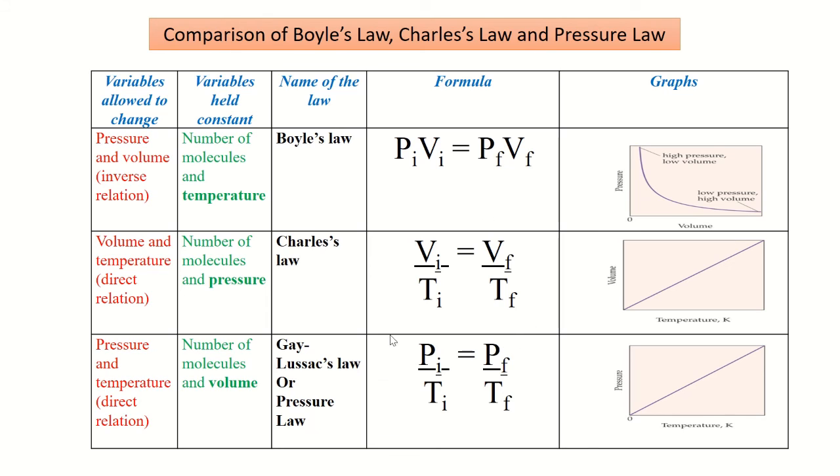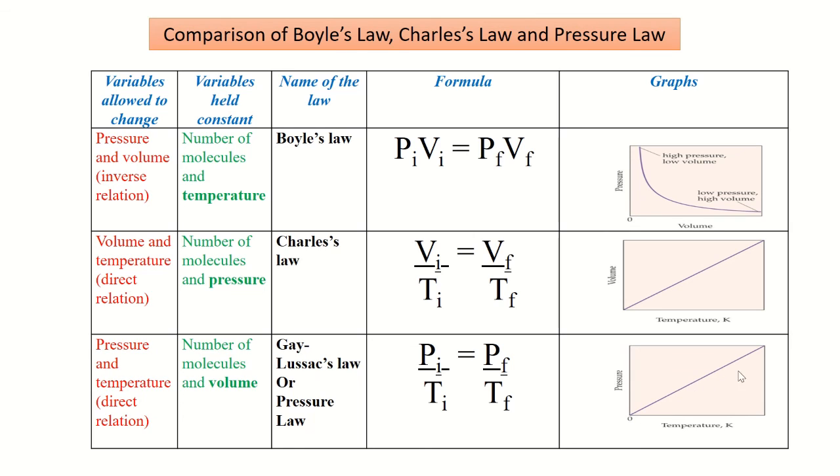Now the formula for Gay-Lussac's law: Pi over Ti equal to Pf over Tf. The graph of the pressure law is given here, and this is known as the PT graph. This is the pressure on the y-axis and the temperature on the x-axis.